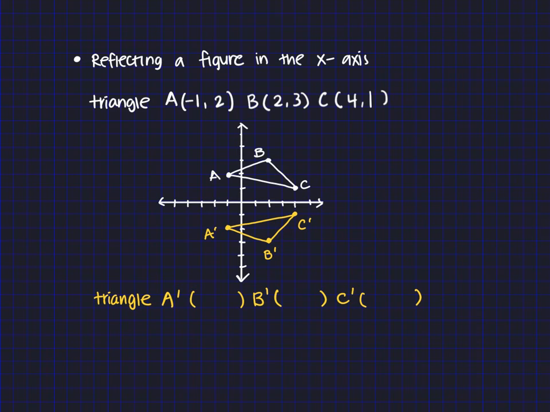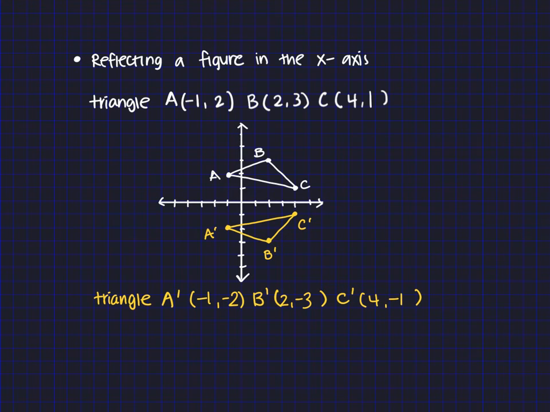So my point is going to be (-1, -2). For my B prime, I move 2 to the right, and then 3 down, so it's going to be (2, -3). And for my C prime, it's going to be 1, 2, 3, 4, comma, -1. So (4, -1).